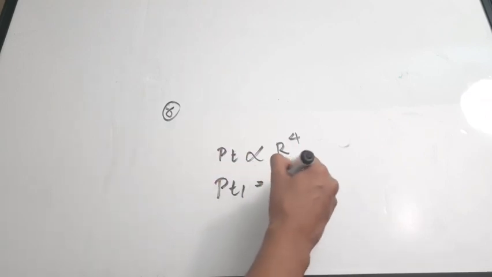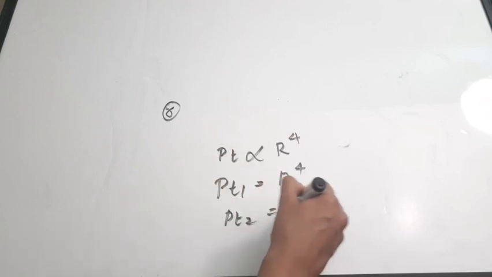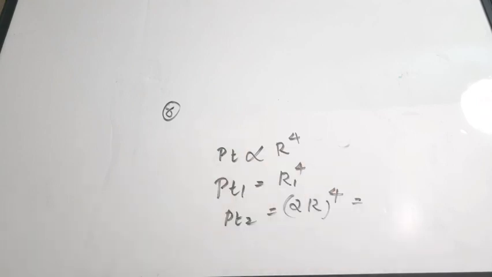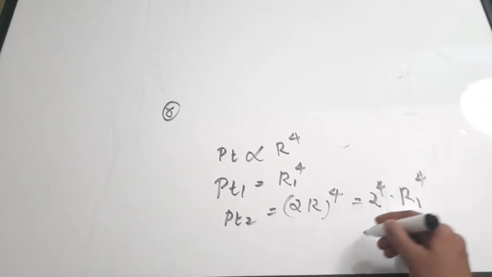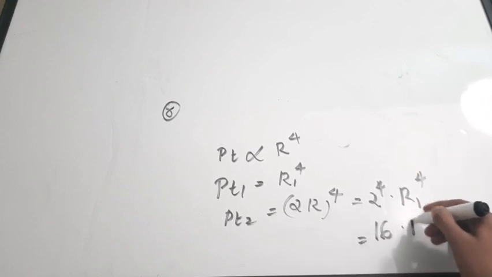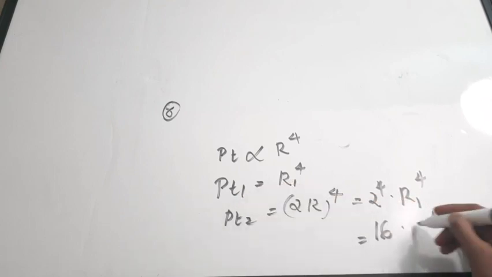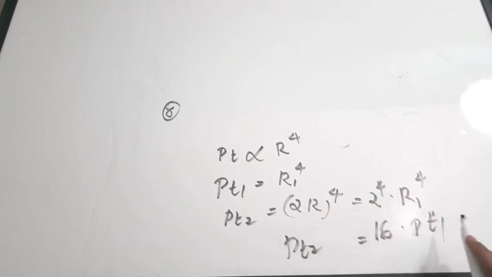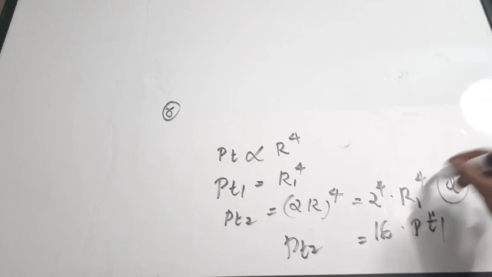PT1 equal to R1 raised to 4, and PT2 is equal to (2R1) the whole raised to 4. You can write it as 2 raised to 4 into R1 raised to 4, or 16 R1 raised to 4. Now what is R1 raised to 4? It is PT1. So PT2 will be 16 times PT1. Or you can say it is increased by a factor of 16. Correct answer is option D.